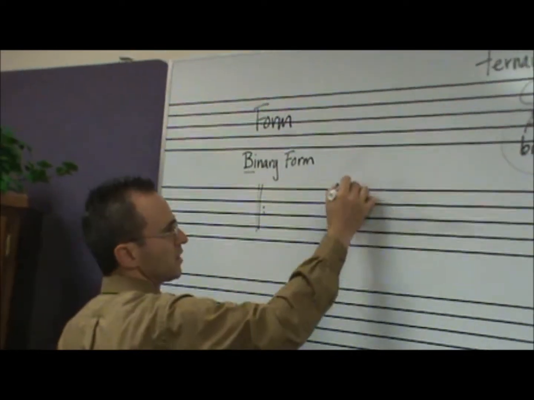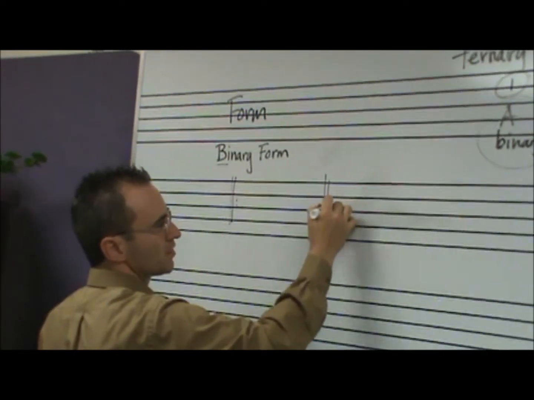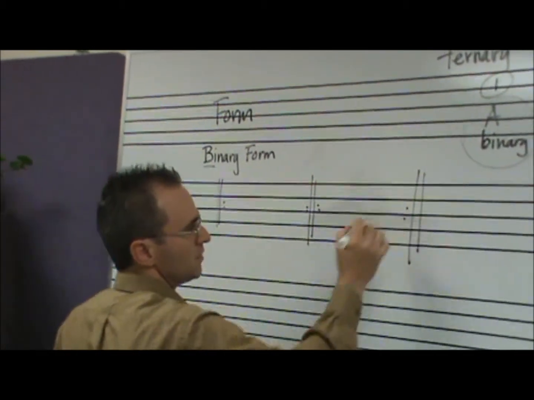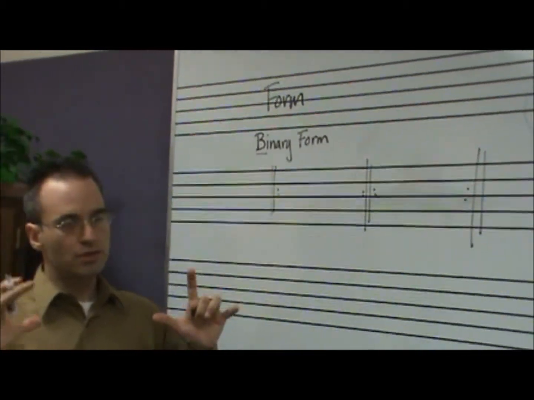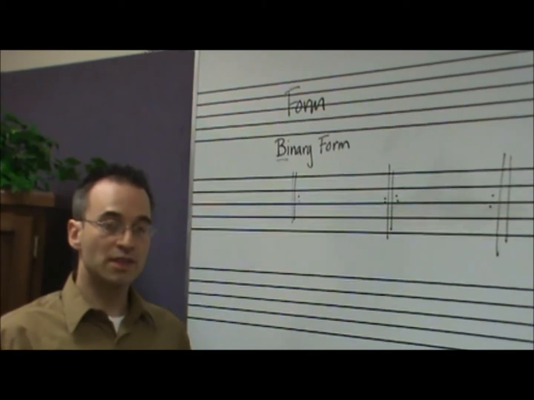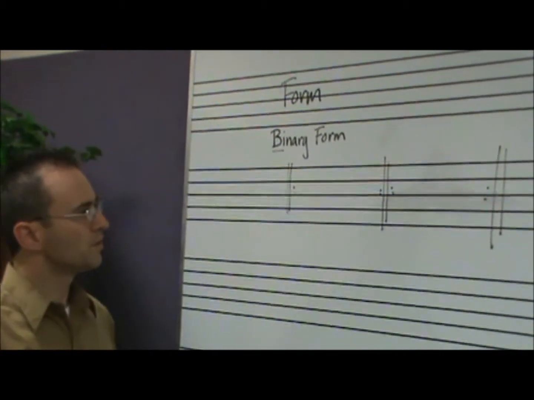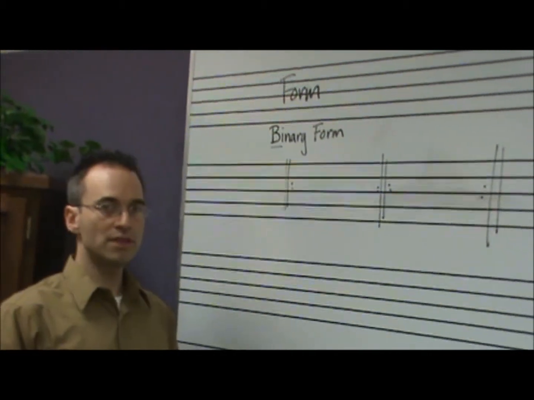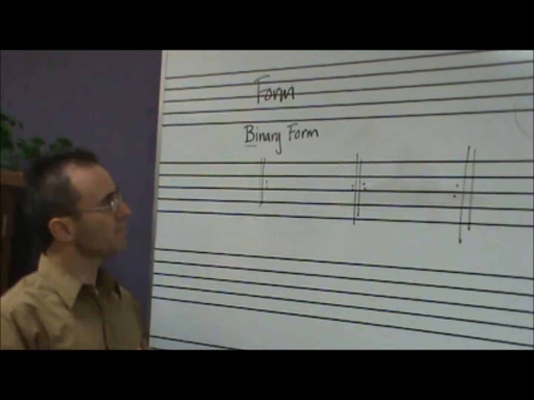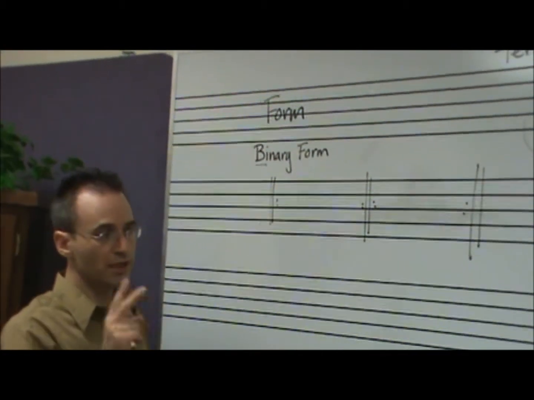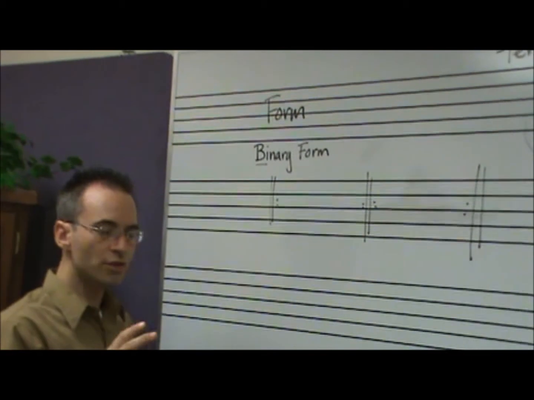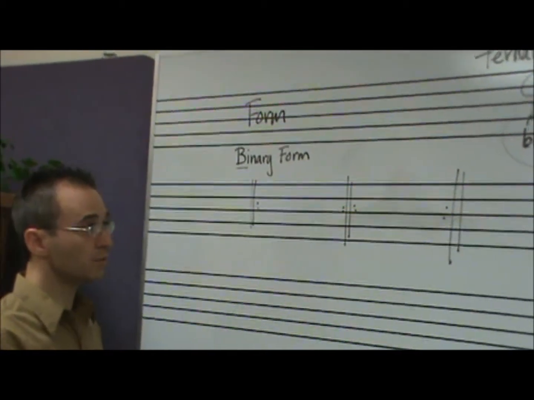Sometimes because I like really clean definitions, I would like it to mean that there are two periods. And a lot of times that's true, but there are all these pieces that are called two reprises, and they fit into this category as well. So binary forms are two-part in a couple ways.